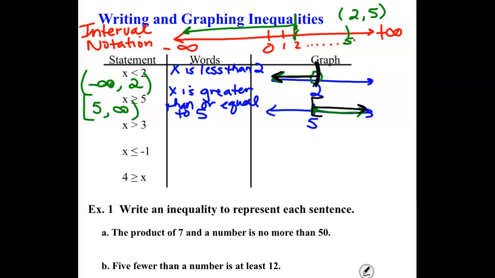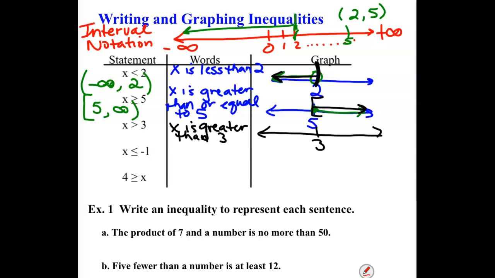All right, let's try a couple now with just doing the new notation. How do we read this next one? Good. X is greater than 3. So on a number line, we would need a 3, right? What kind of bracket would we use? A parenthesis, a rounded one?